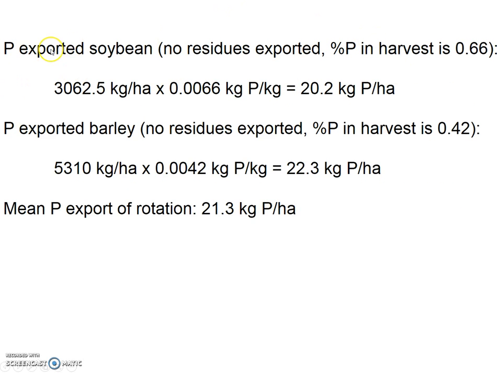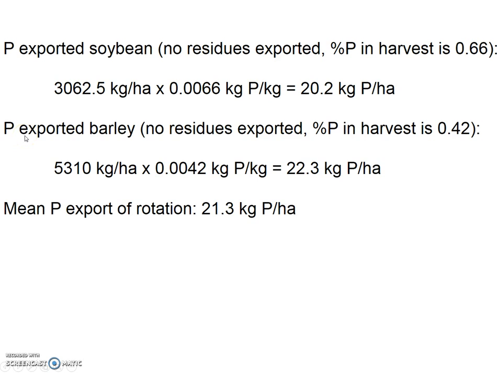First, we calculate the exported P by soybean, no residues exported, and the percent P in harvest is 0.66. We look for that in the table of chapter 26. Multiplying dry matter yield by the concentration of P, we come up with an exported amount of 20.2 kilograms of phosphorus per hectare.